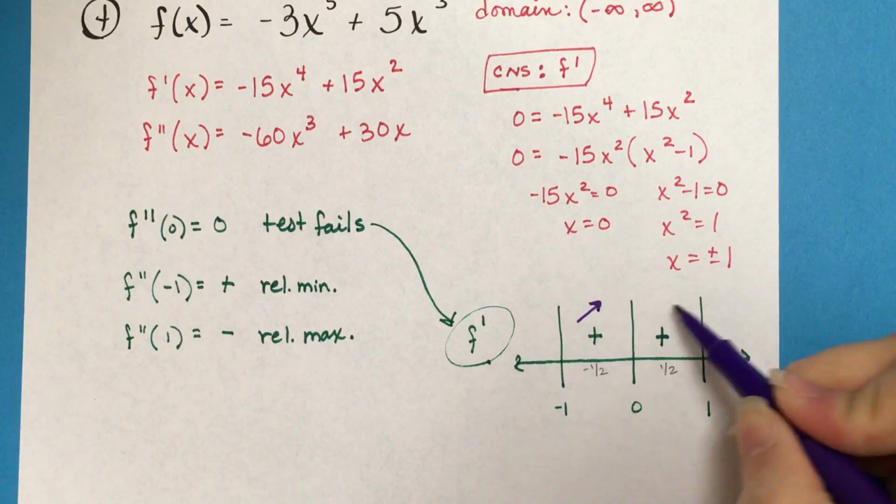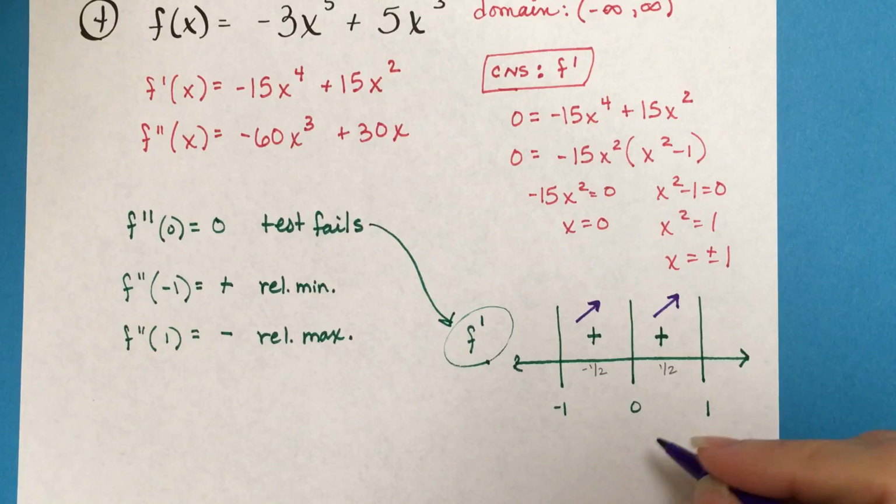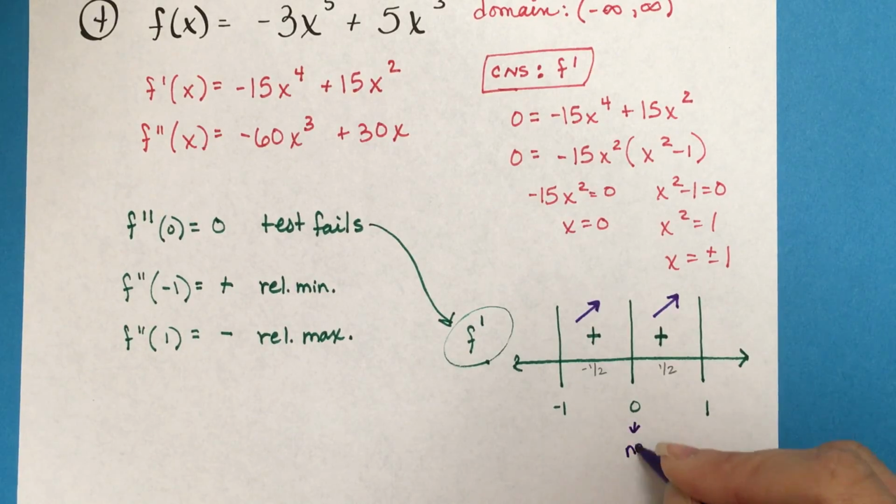This section's increasing, this section's increasing, but you're only going to have a max or a min if it changes from increasing to decreasing or vice versa. So actually what we've learned is right here at 0, there is no extrema.